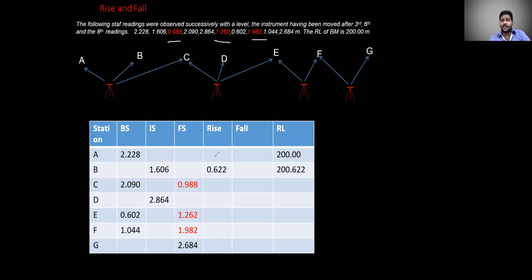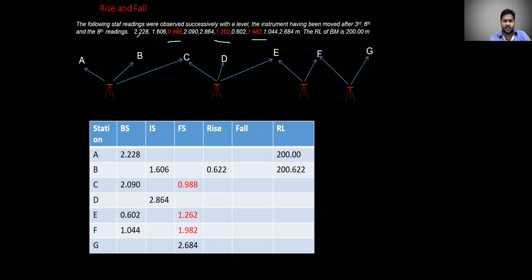The first reading of the instrument is the backsight. Before shifting, if you have taken any observation, that is known as the foresight. If you have taken any readings in between the backsight and foresight, that is the intermediate sight.